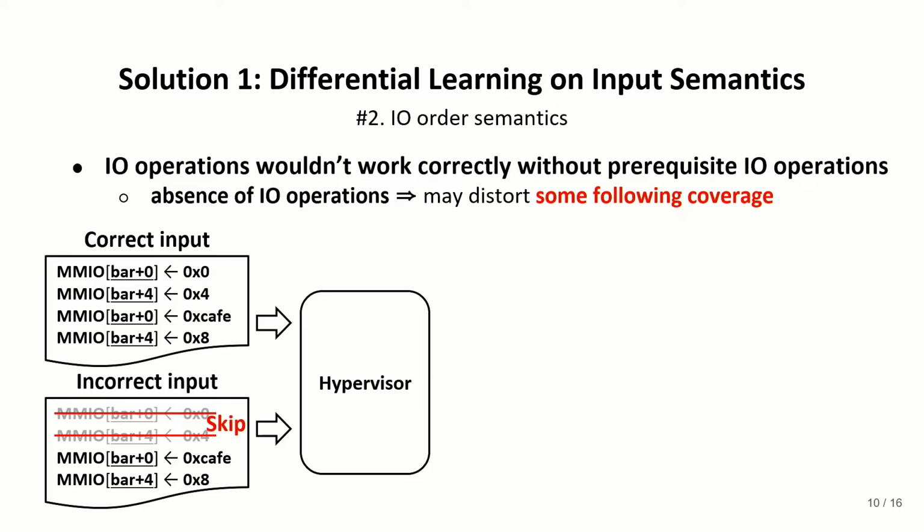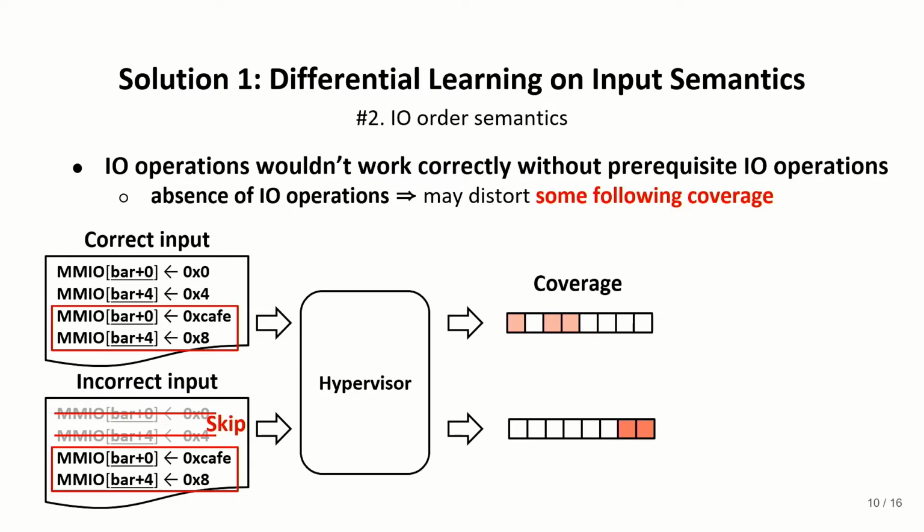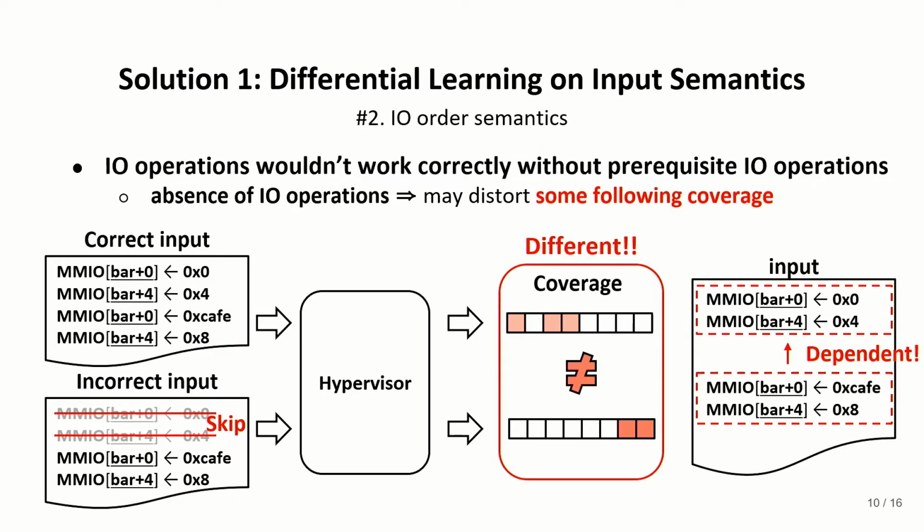And for the other input, the first two I/O operations are skipped and the last two I/O operations are performed. Then we compare the coverage for the last two I/O operations. And if the coverage is different, we identify that the last two I/O operations are dependent on the first two I/O operations.